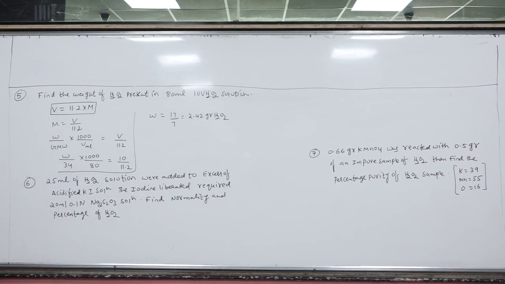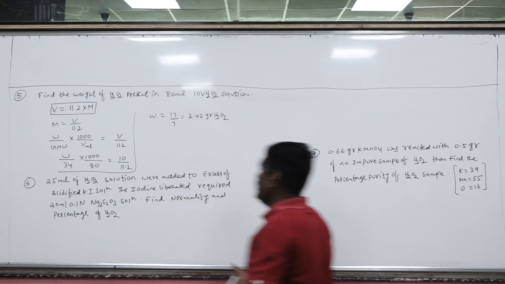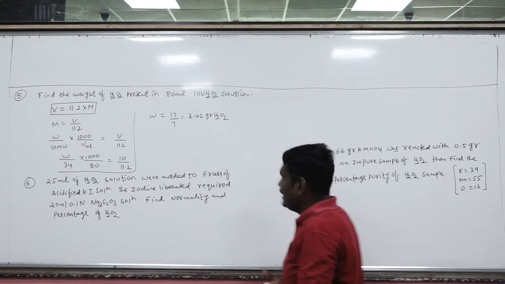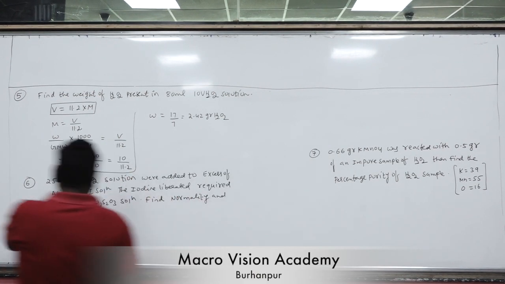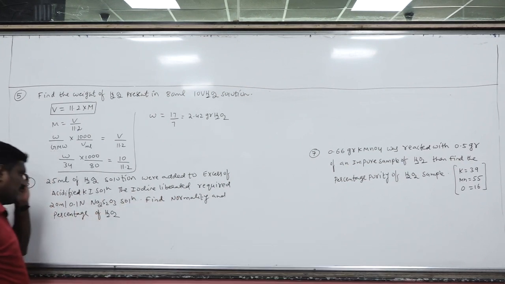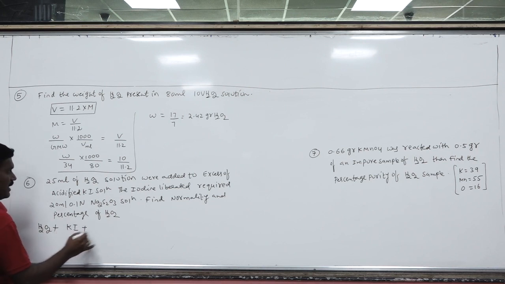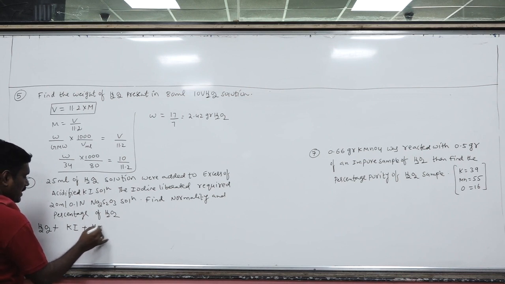Okay. Now next problem: 25 ml of H2O2 solution were added to excess of acidified KI solution. The iodine liberated required 20 ml of a 0.1 normal hypo solution. Then find the normality and percentage of H2O2 solution. Now here, first of all, H2O2 is treated with potassium iodide acidified, let's suppose with H2SO4.